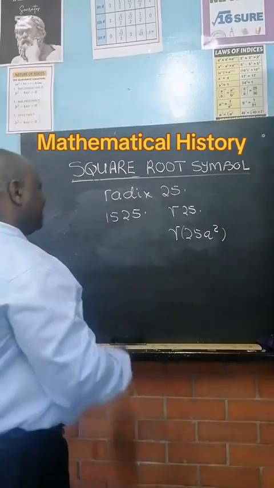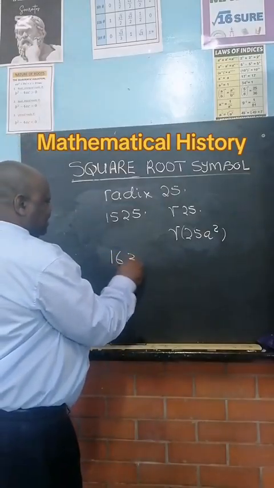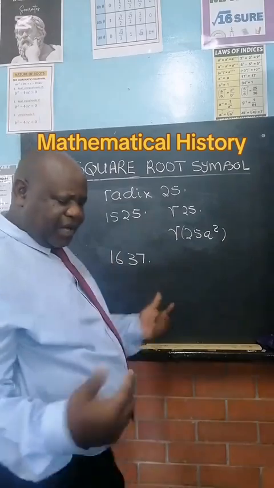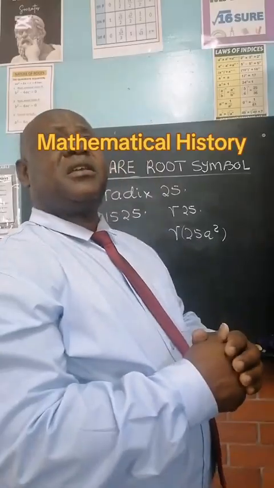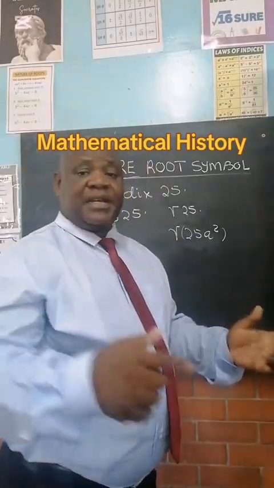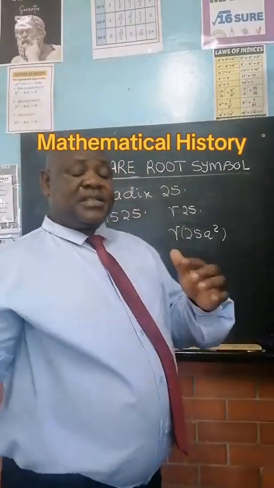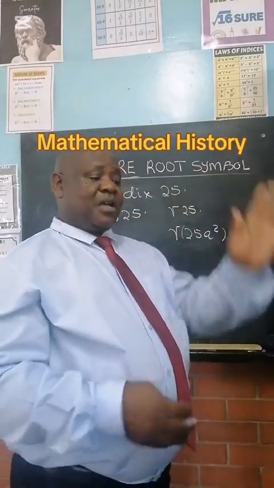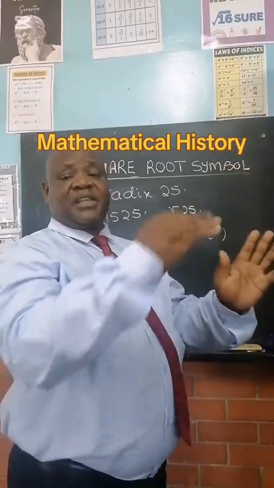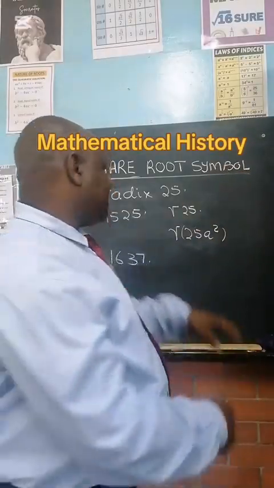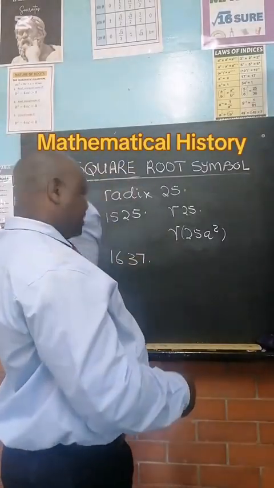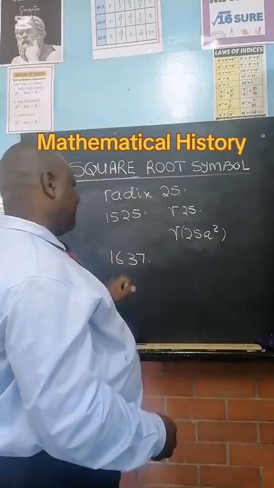But in 1637, there came another argument from a French mathematician called René Descartes. Descartes, the one who is famous for the development of the Cartesian plane, the XY plane. It is Descartes that invented that, but he was also involved in this development of the root sign.